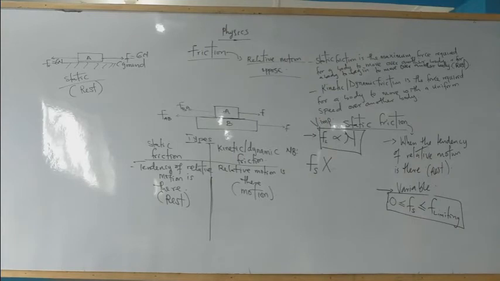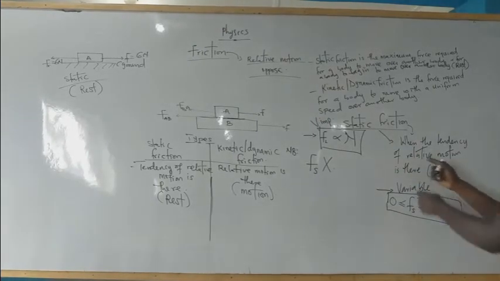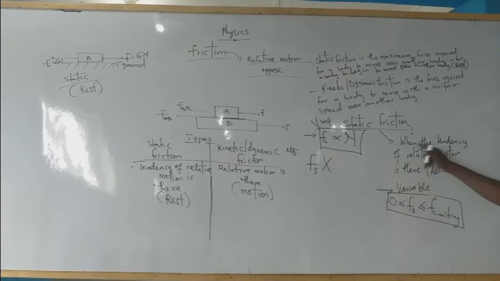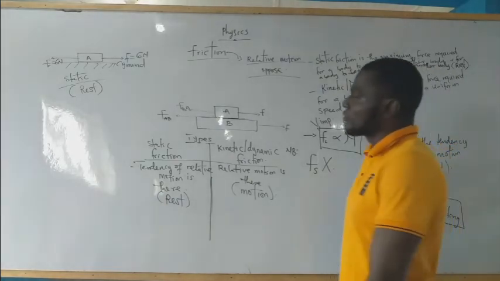The static friction is when the tendency of relative motion is there. That is rest. Variable. That is Fs is greater than or equal to 0 and less than or equal to the limiting frictional force.